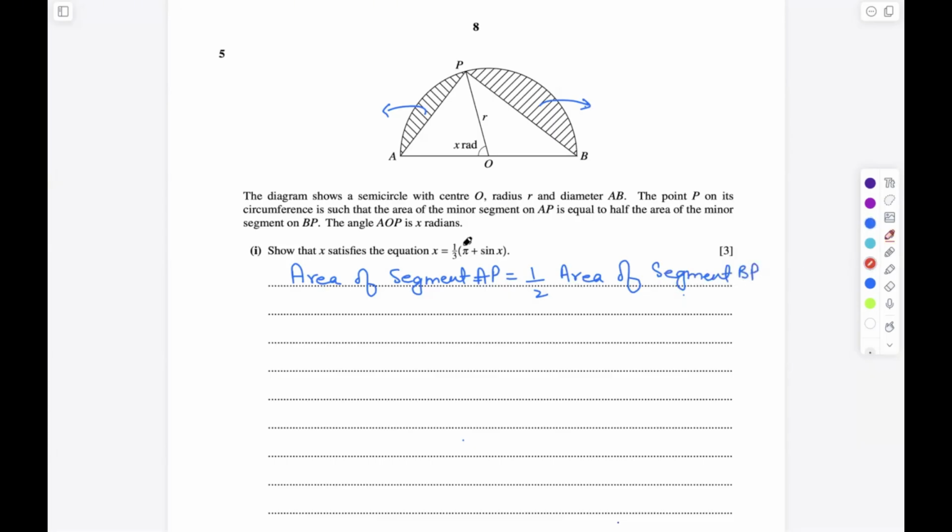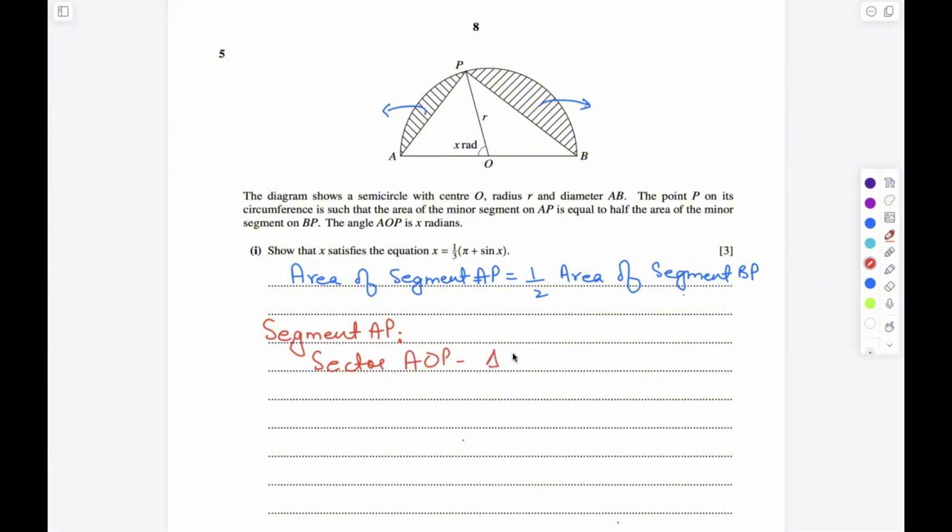Now, first finding the area of the segment AP, we can first find the area of sector AOP and then subtract it from the area of triangle AOP.